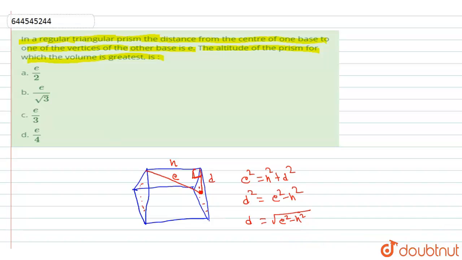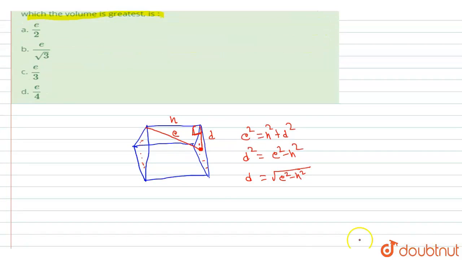Now we have to draw this triangle separately. If we draw the triangle, this is the equilateral triangle, and this is the point, and this is the d. Let us consider the side of this triangle is a.